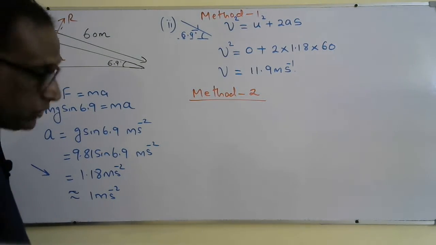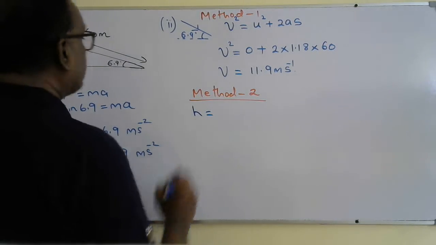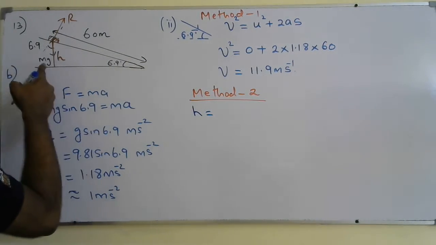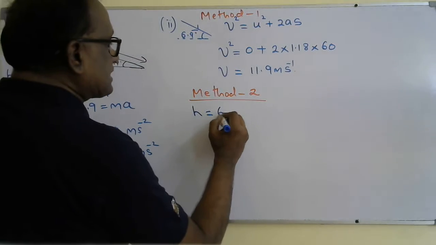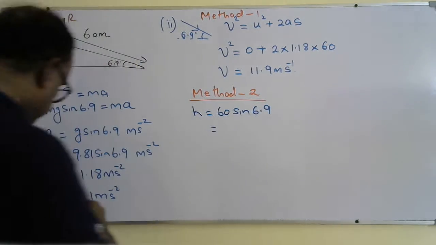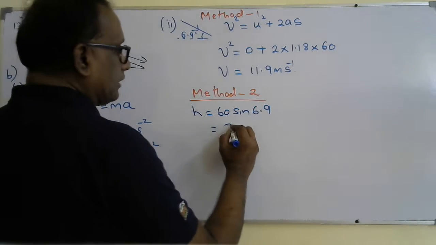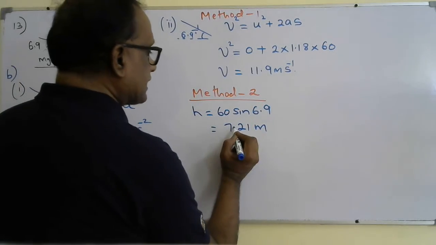I can find it using simple trigonometry: in this right angle triangle, h is equal to 60 sine 6.9 meters. That will be 7.21 meters, the vertical height.